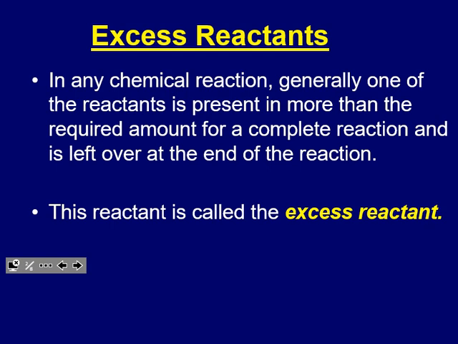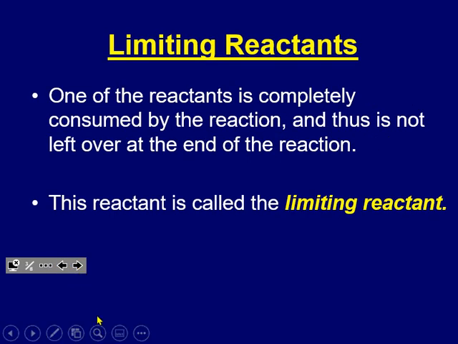And when it comes to building molecules, if I have more than one reactant, something like a synthesis or a double displacement or combustion, then one of those chemicals will be extra or excess, all right? So the one that has extra, we call it the excess reactant. The other one that runs out, we call it the limiting.